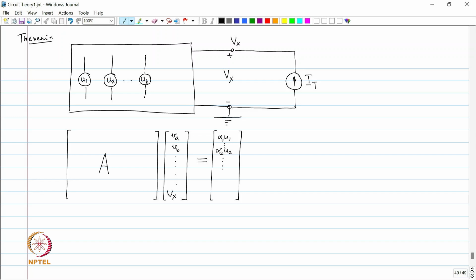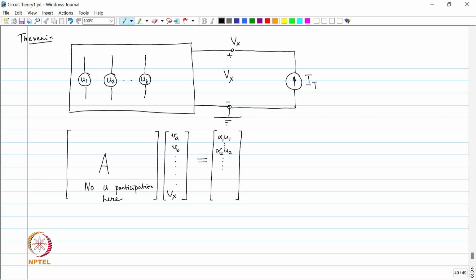All the U's are going to go to the right hand side. All right, no U's are involved in the composition of the A matrix.